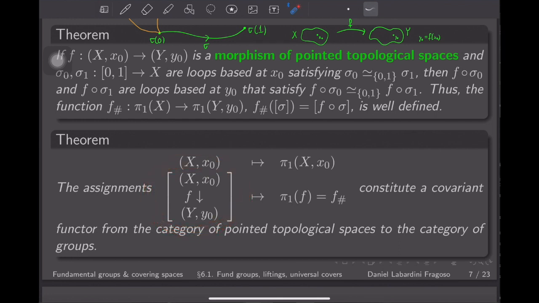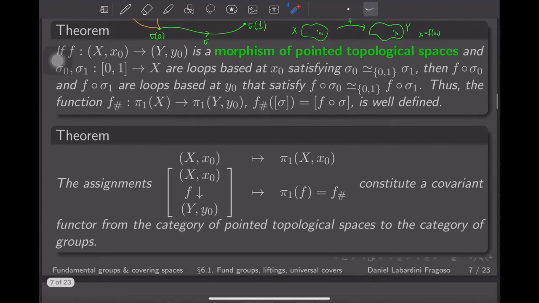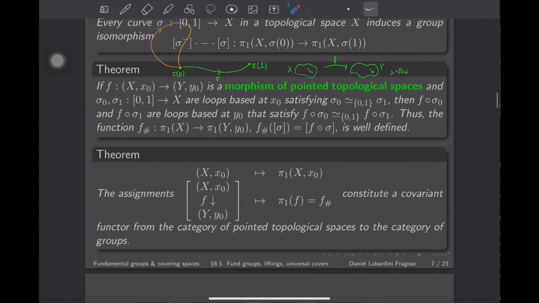So what is a morphism of pointed topological spaces? Well, it's a continuous function between the spaces that sends the base point to the base point. Right. So yeah. And then to each such morphism of pointed topological spaces, it associates this group homomorphism, and the theorem says that this constitutes a covariant functor from pointed topological spaces to groups.